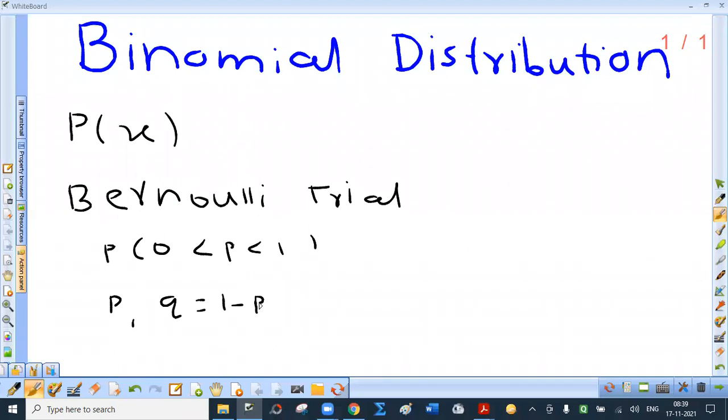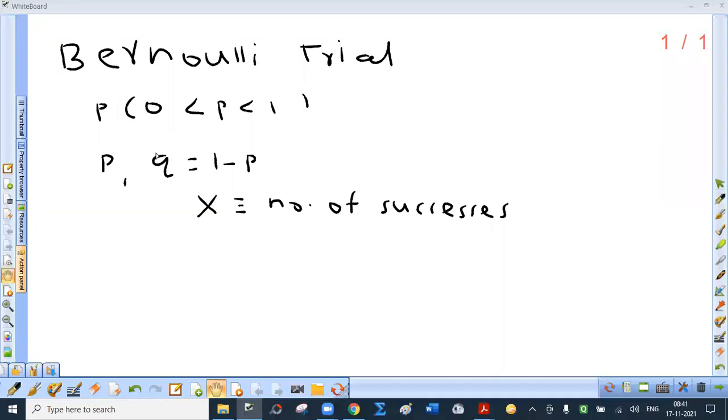Suppose X is a random variable, and how is X defined? Number of successes. So we are now interested in finding the probability of an event that n trials result in exactly X successes.